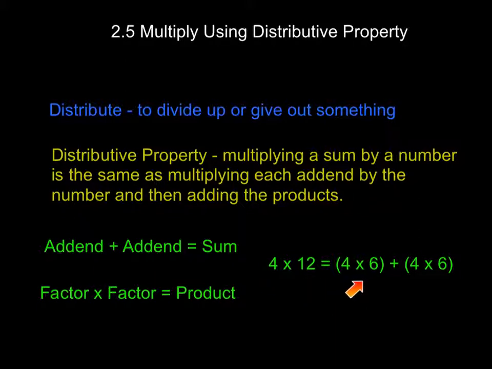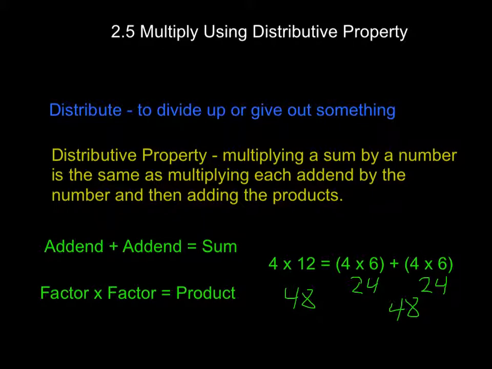So 4 times 6 is going to equal 24, and 4 times 6 once again is 24. If we add those two together, we are going to get our 48, which is the same thing as 4 times 12 is 48.